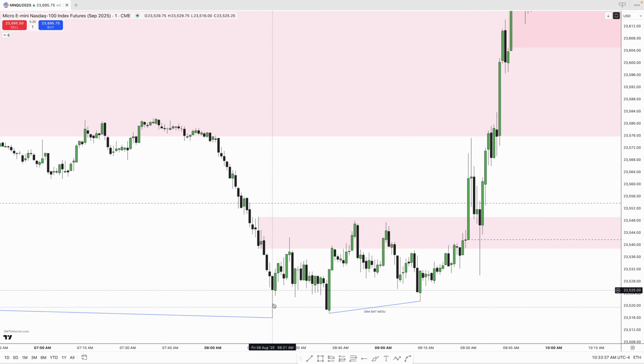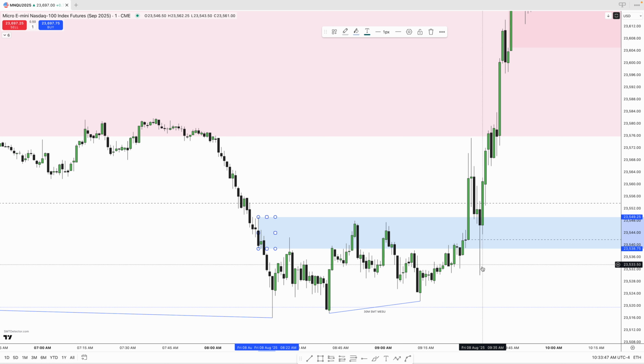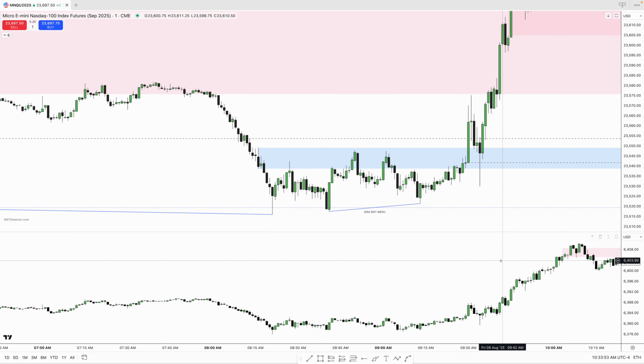So we run higher, go lower, take that out here at 930. Then this becomes our discount array for longs. We don't close through it. We come back. Maybe you can snag an entry there if you're really ready to go long. There's no SMT there, but you do have the protected low of the SMR, and then you have an SMT here between ES and NQ.